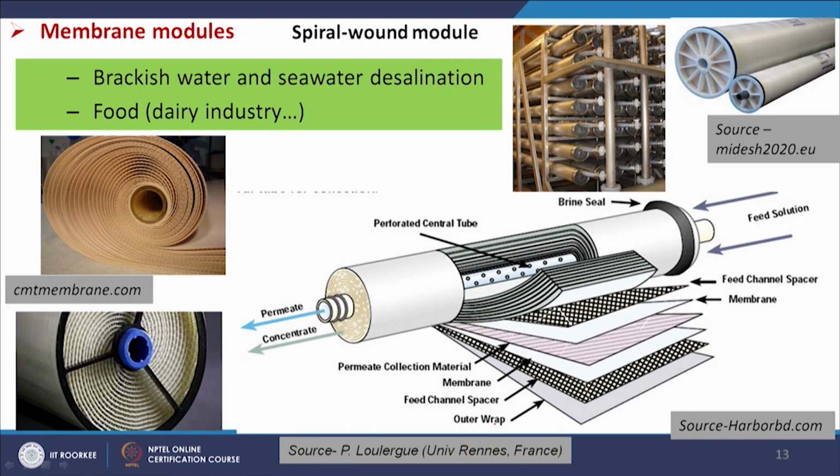That will be our permeate collection material, the feed channel spacer, and the membrane is here. Again we see membrane and feed channel spacer. The inlet water is coming here, it will move from the outer to inner side, and from the inner we will get the permeate. This type of arrangement is called a spiral wound module.